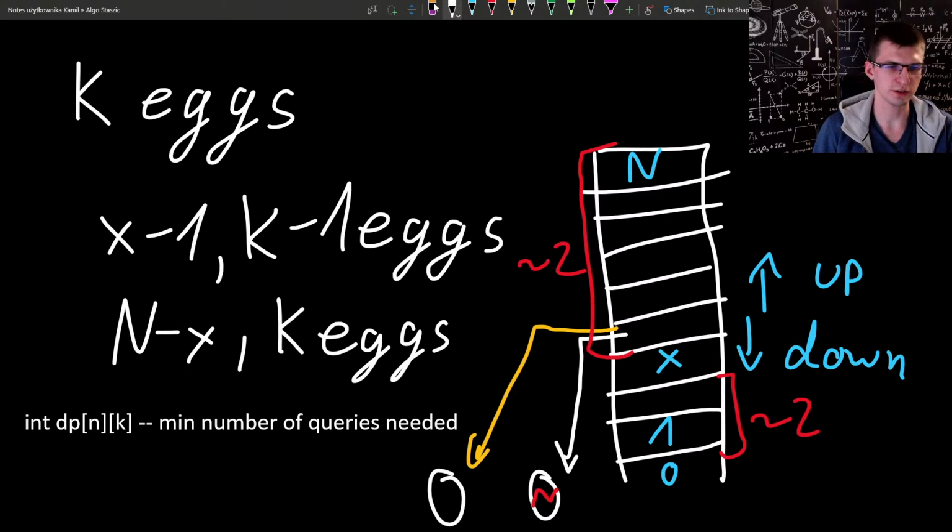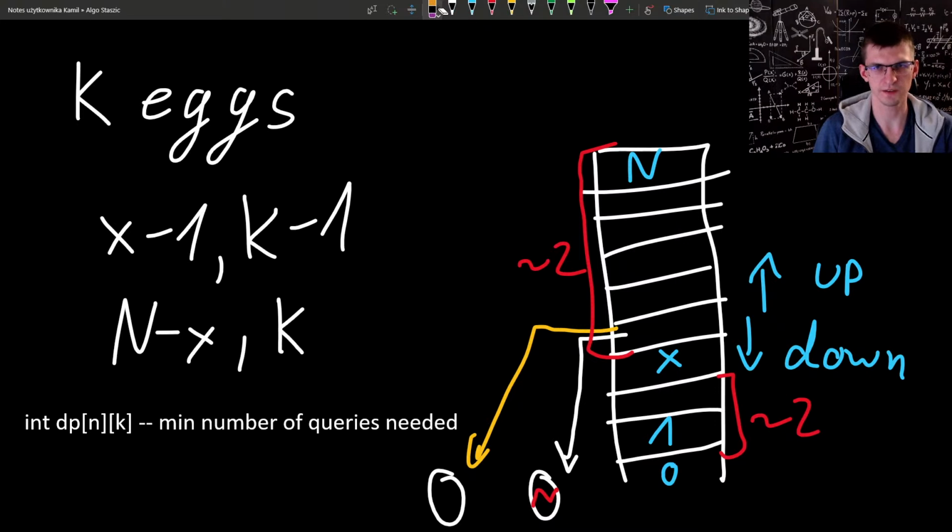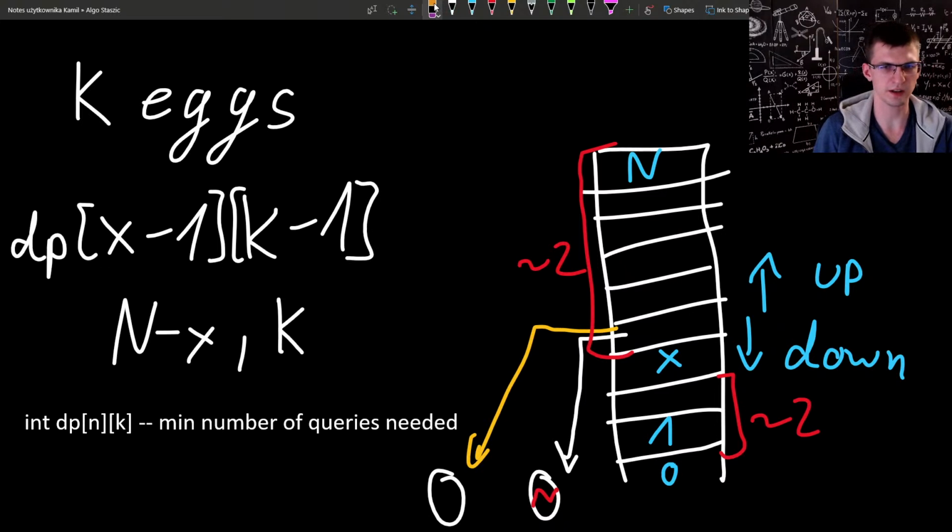So I will use dp of x minus 1, k minus 1, and I will use dp of n minus x, k. I will in some way use this. And depending on the problem, sometimes we need to add two dp values or take minimum, maximum, something like that, sometimes even multiply.